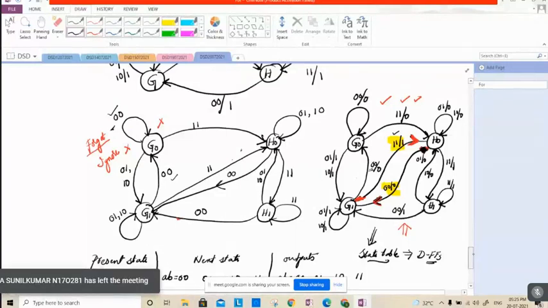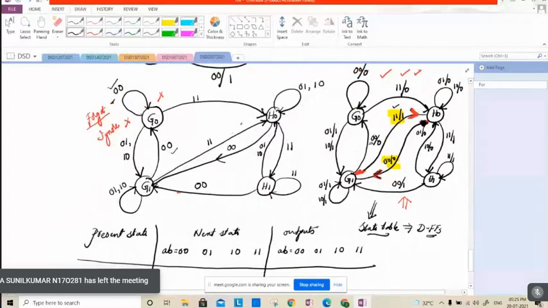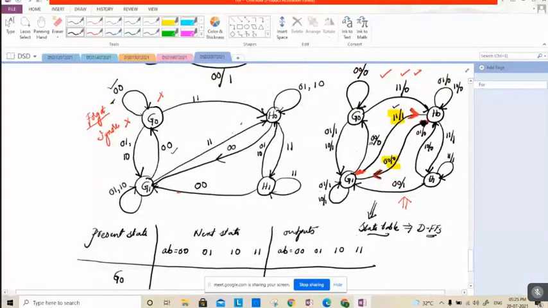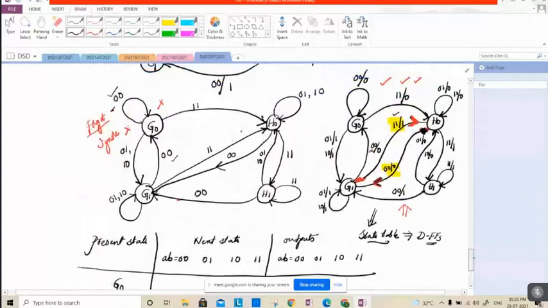Did everyone copy this in your notebooks?